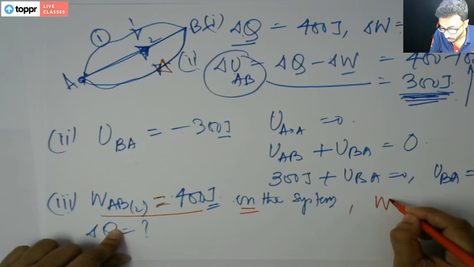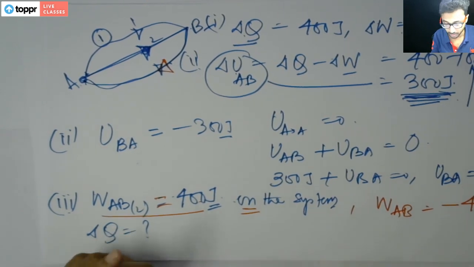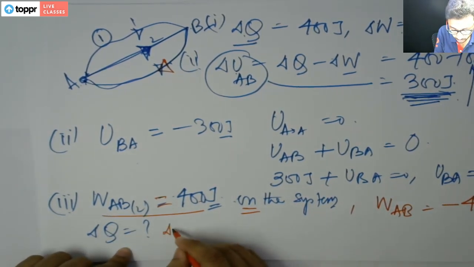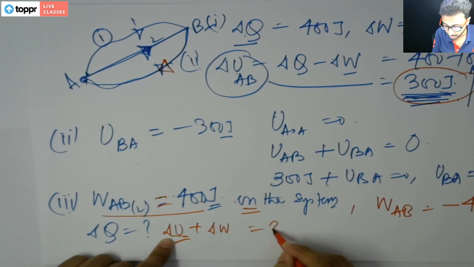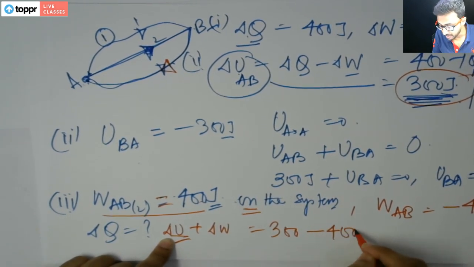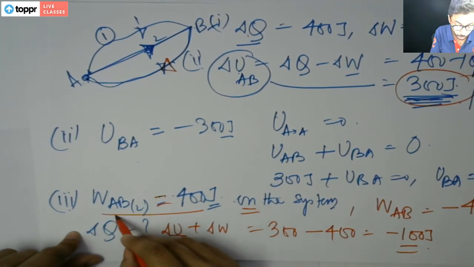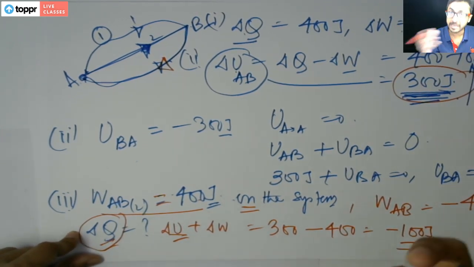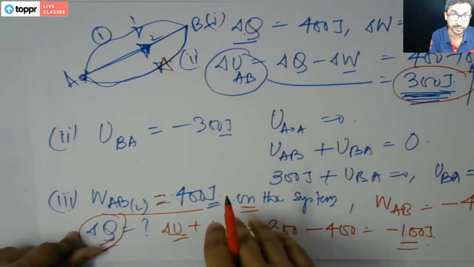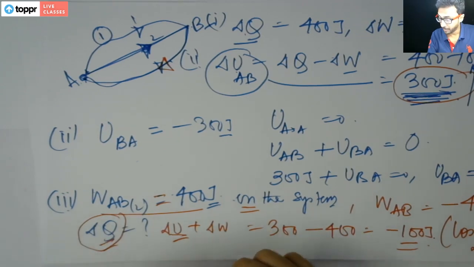This should be work done on, meaning it should be negative, minus 400 joules. Therefore del Q will be del U plus del W, and del U will remain the same, 300 joules. That is 300 minus 400, that is minus 100 joules. If del Q is minus 100 joule, it means some heat is being taken from the system, not given. So the system is losing some heat. Understand? Okay.